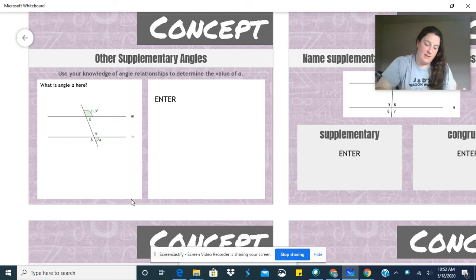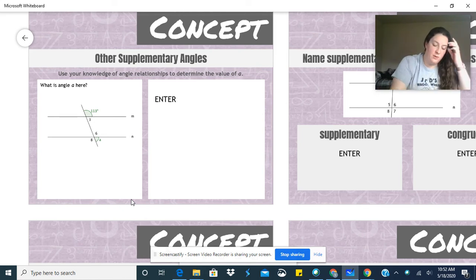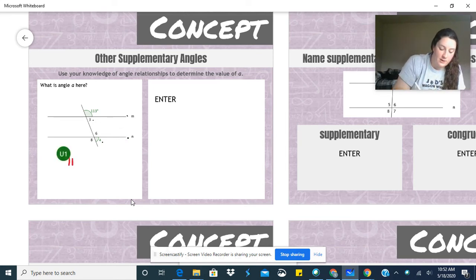So now when you look at this next section, you are doing the same thing because you know that angle A and angle 3 are the same. They are congruent because these are parallel lines. So since those are parallel lines and those angles are congruent, you have 113 plus A equals 180 degrees.